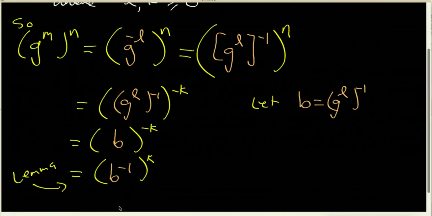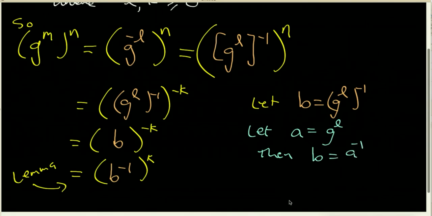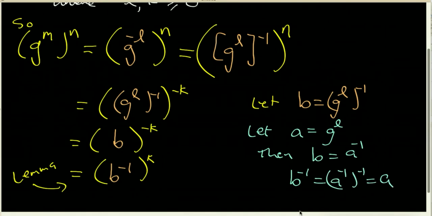Now what I'm going to do is think about what b inverse is. And we have that b is equal to this complicated mess. So I'm actually going to let a be g^L, and then b is a inverse. And at that point, I can see that b inverse is a inverse's inverse. In other words, it's just equal to a.